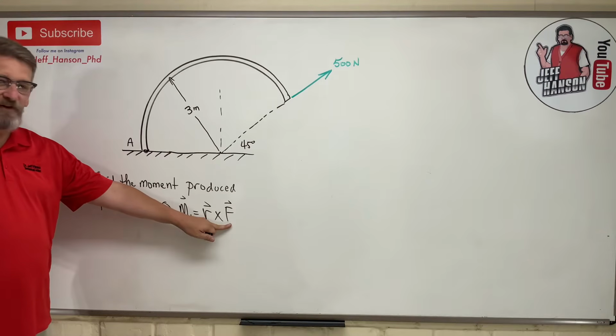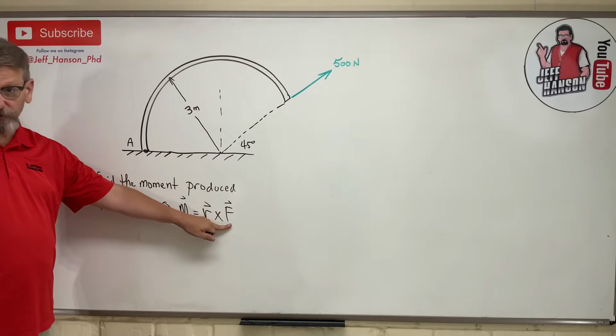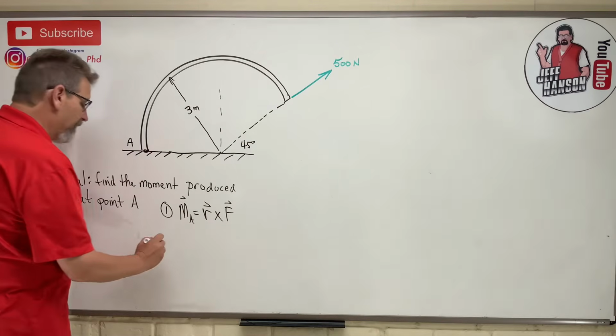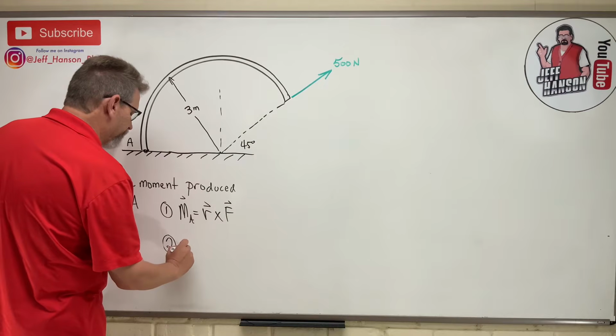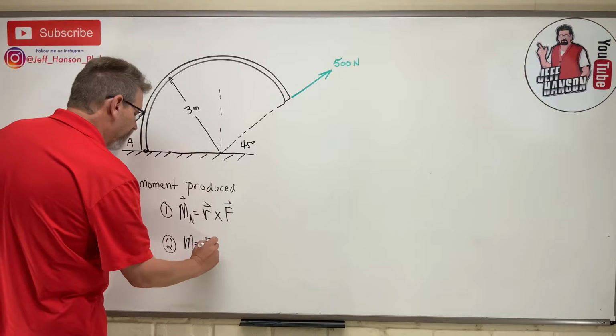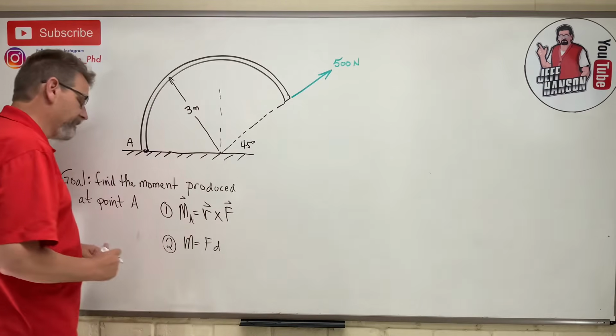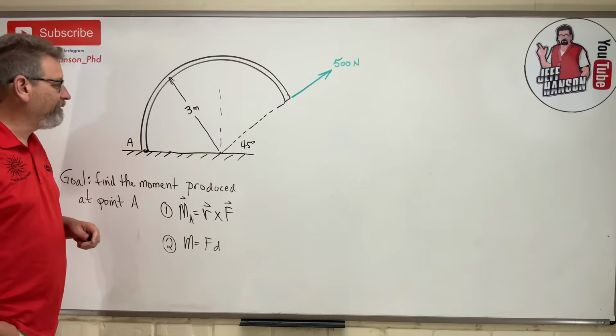And then F is nothing more than a 3D force or a 2D force written in vector form, okay? And number two, I'm going to propose to you that we could do it this way, and that is moment is equal to force times distance, okay? So we'll work it both ways and see what happens, okay?